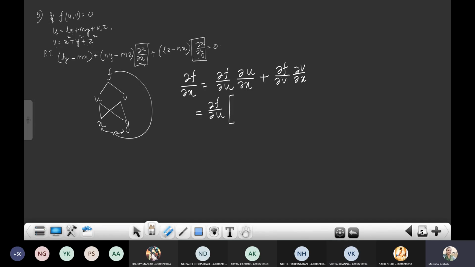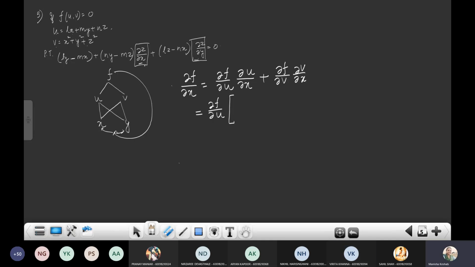From the tree diagram it is clear that f is a composite function of x and y, so we can find del f del x and del f del y. We know what we can find, so we will find that first, and then we will see how we reach the question.